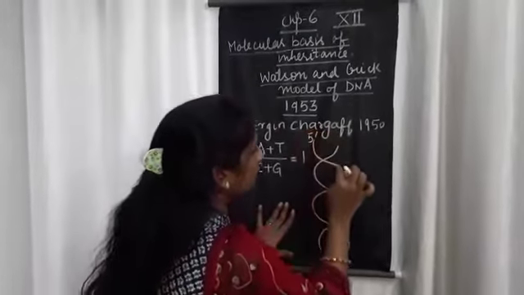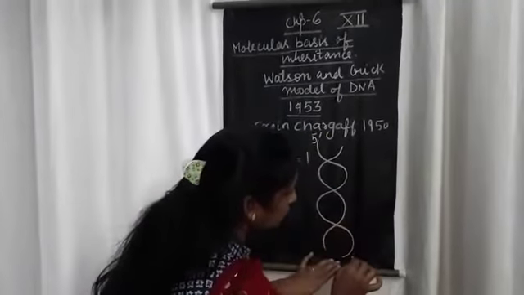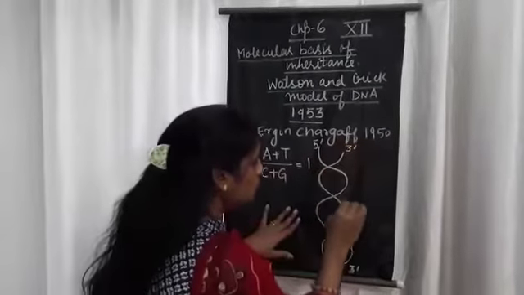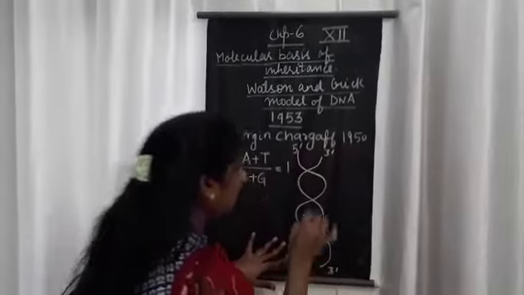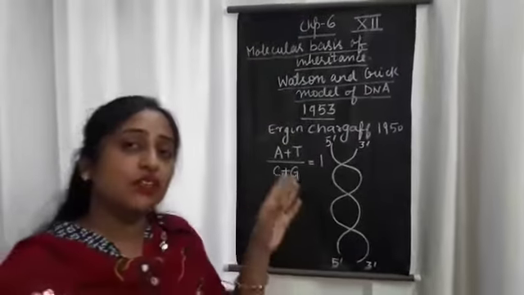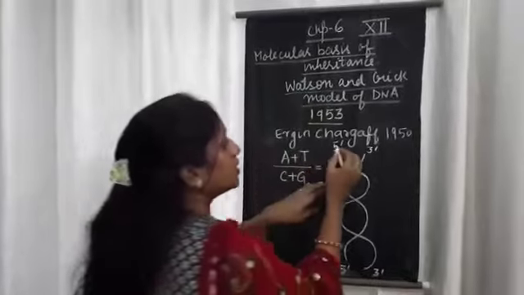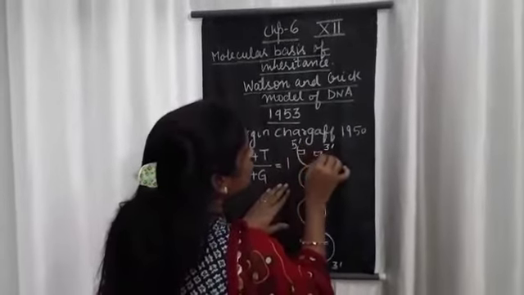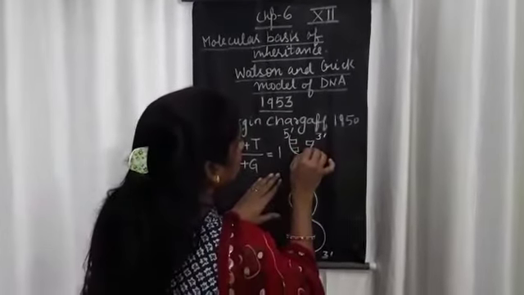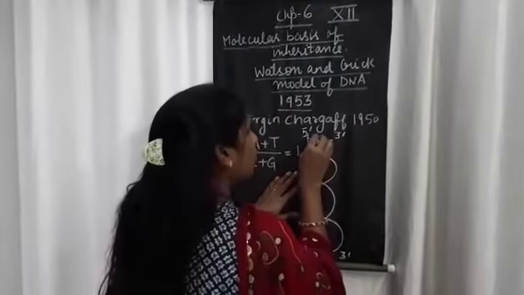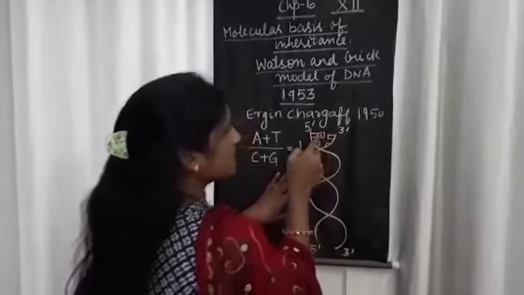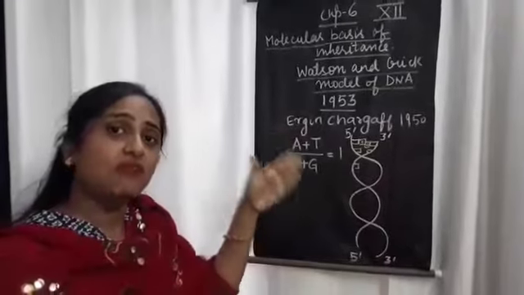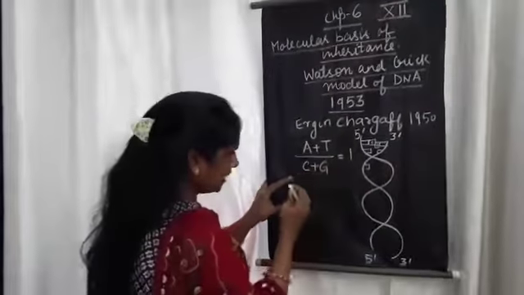One strand will be 5' to 3', and the other strand will be 3' to 5'. So these strands are basically the phosphate group, and inside we have the sugars which protrude inwards. Okay, and we have nitrogenous bases: cytosine will be matching with guanine and adenine will be matching with thymine.